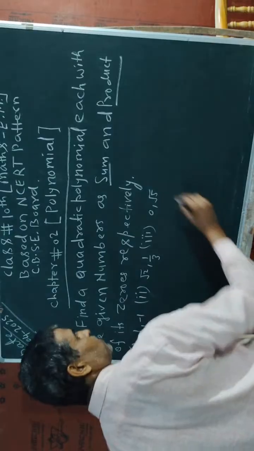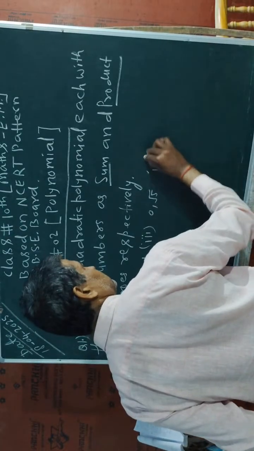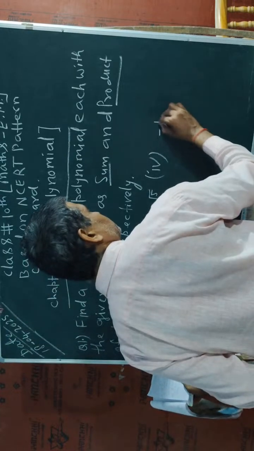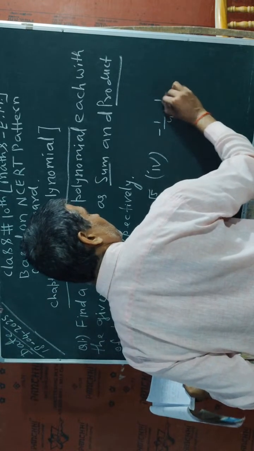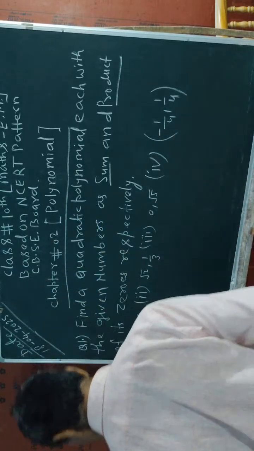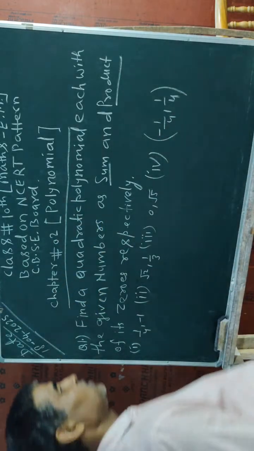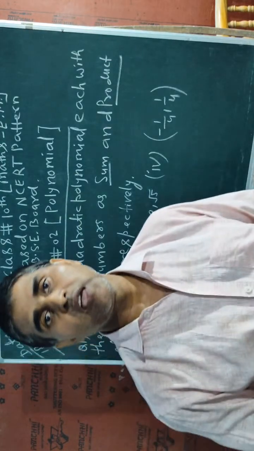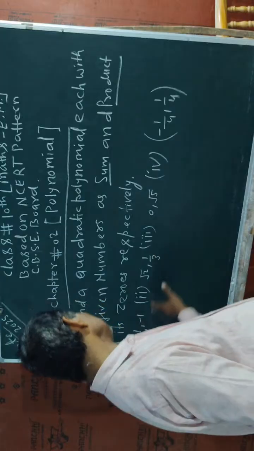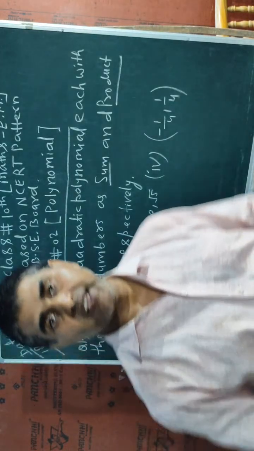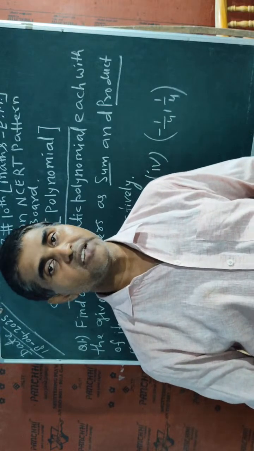And fourth is -1/4, 1/4. Okay student, so these are the questions. We have taken them from the textbook, and here there are 4 questions I have taken from the textbook.